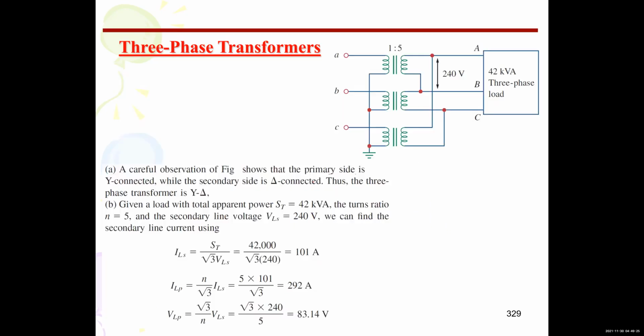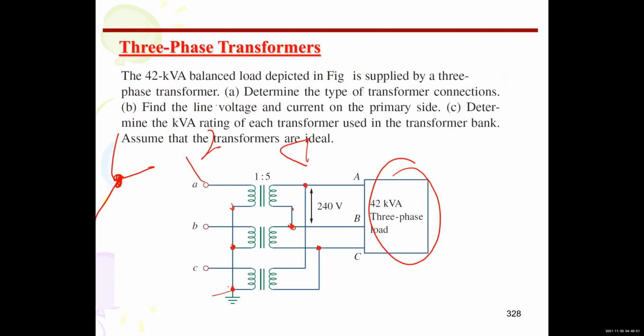All right. Number two, it asks me to calculate the line voltage and current on the primary side. What is he giving me? He is giving me the load, right? S total on the secondary side, which must be the same on the primary side, assuming it's an ideal three-phase transformer. So S is square root of 3 V_L I_L on the secondary, right? He gives you the voltage on the secondary, and S is 42 kVA. He is giving me 240 line to line voltage.